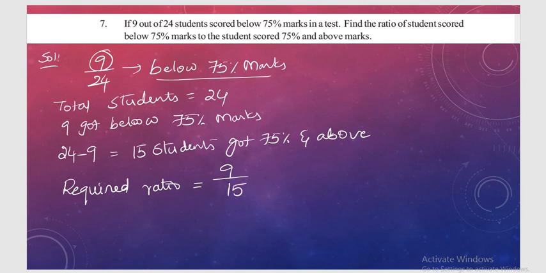So the answer is 9 by 15. In the form of a ratio I can write it as 9:15. Is any cancellation possible? I can write it as 3:5. Right? So the answer is 3:5.